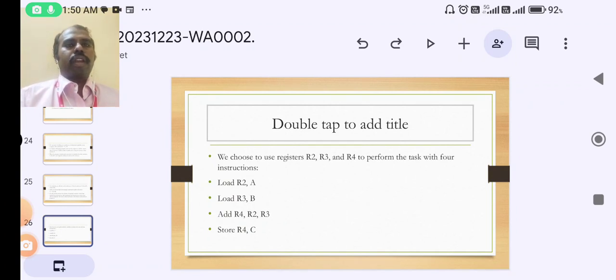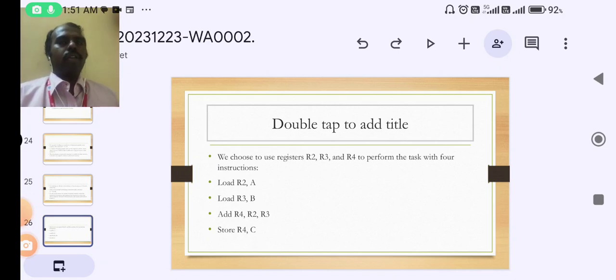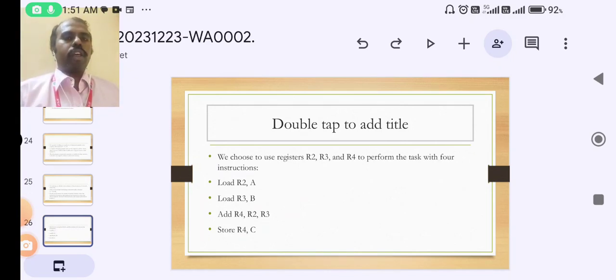So we choose the registers R2, R3 and R4 to perform the task with 4 instructions. Load R2, A, load R3, B. The value of A will be moved to R2 and the value of B will be moved to R3, and then add R4, R2, R3.